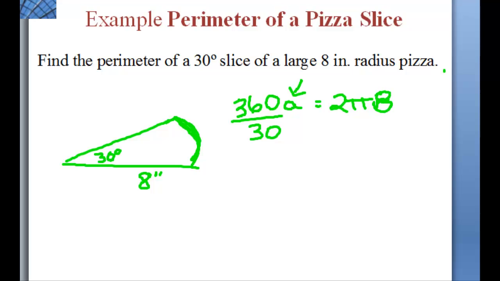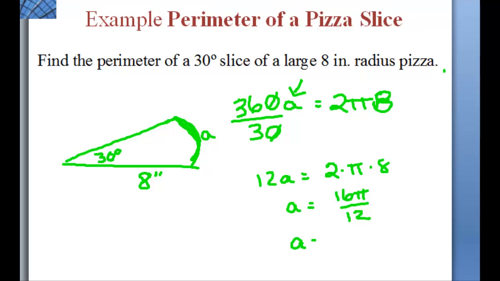We want to solve, first of all, for A, which is our arc. So we have 360 divided by 30, which is 12, which is 2 times pi times 8 over A, which gives us 16 pi over 12, which gives us 4 pi over 3. That is just the arc.